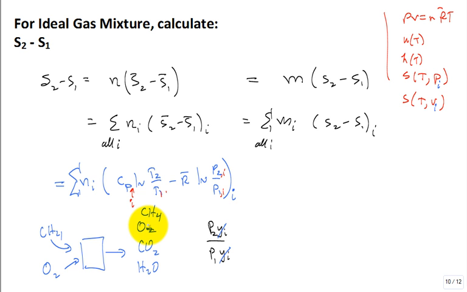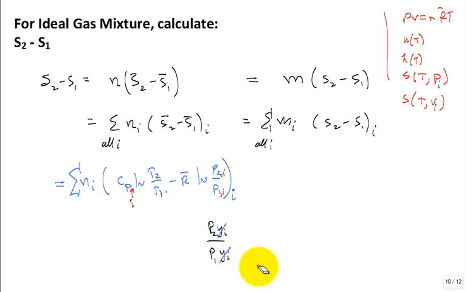I've got to worry about entropy changes in this system. I need to know the actual partial pressures of each component on each inlet and outlet stream. But let's not get too complex. For right now, they are non-reacting, and hence it simplifies.